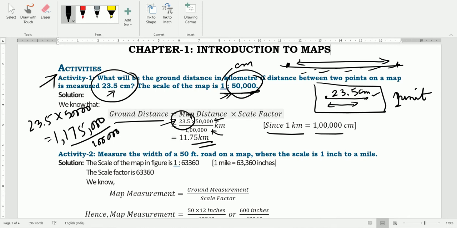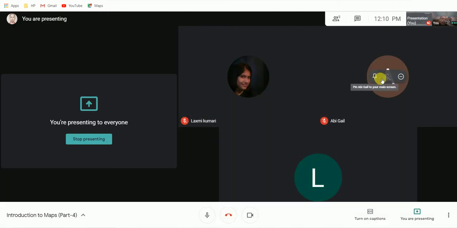It is to be multiplied by the scale factor 50,000 and divided by 1 lakh centimeter, because 1 kilometer is equal to 1 lakh centimeter. According to the question, we have to express the distance in kilometer.